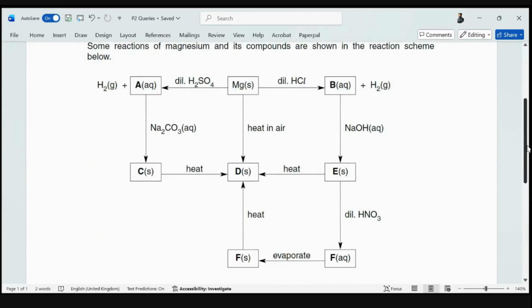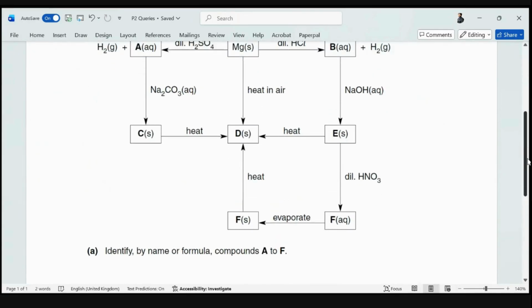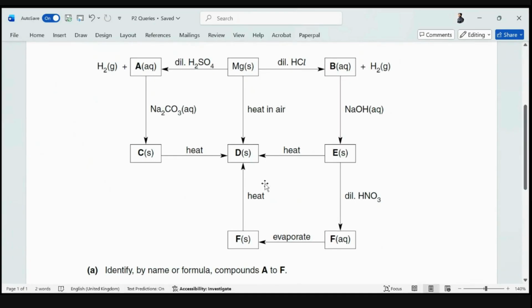I'll recommend you to just draw it. So now we need to identify by name or formula. The question has given us both options. We'll try to do both for as long as possible, and we'll try to identify compounds A to F. I'll recommend you to draw this so that you are able to understand it better, and maybe it will be more helpful to you.